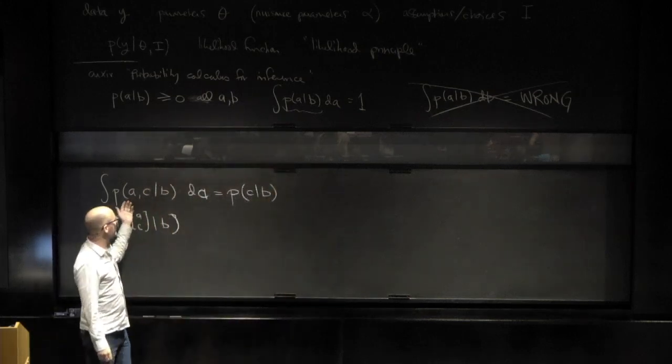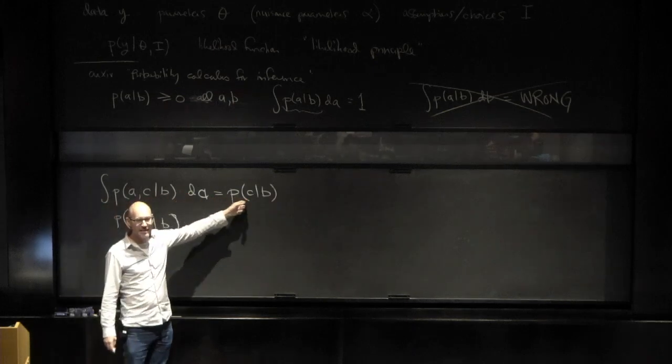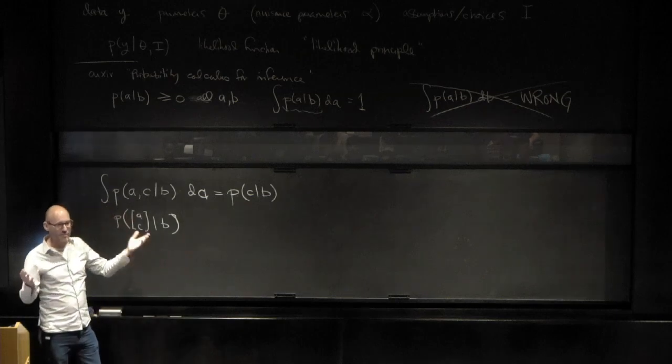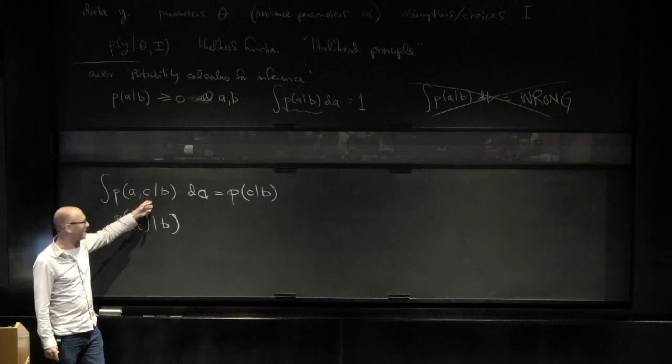Here, when the probability depends on both A and C, and I do this integral, I get a probability for C. You can think about that different ways. One of the ways you can think about it is units. This has units inverse A times inverse C. I did the integral dA.